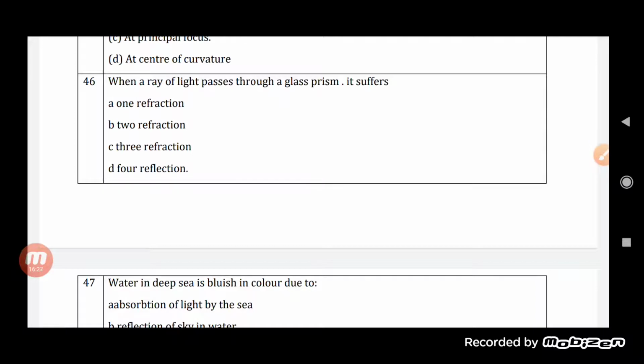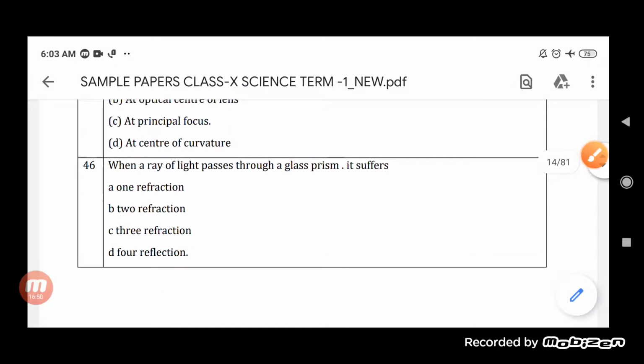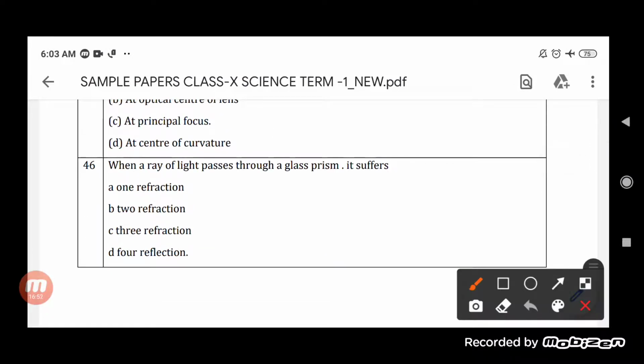Now, when a ray of light passes through a glass prism, it suffers what? You know that basically a glass prism undergoes two refractions.